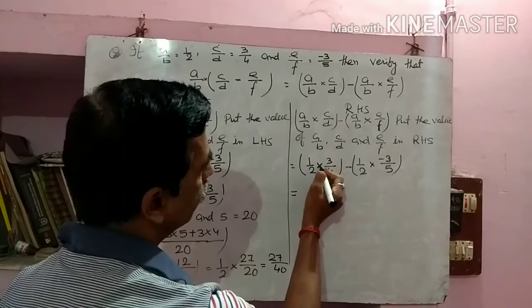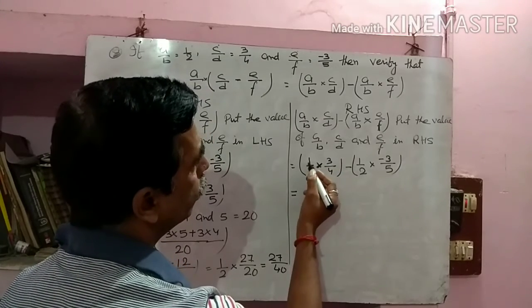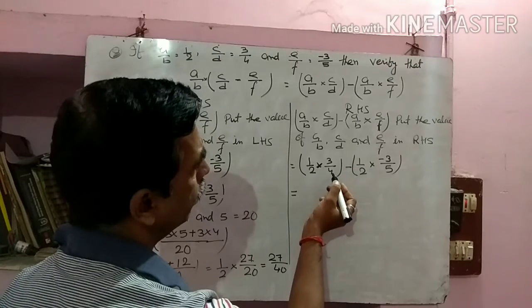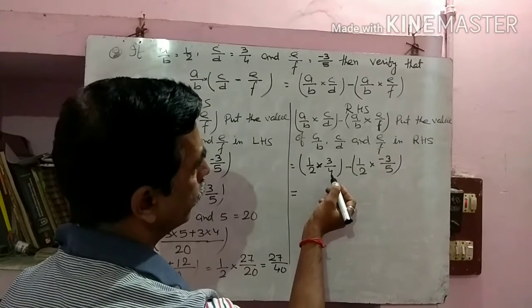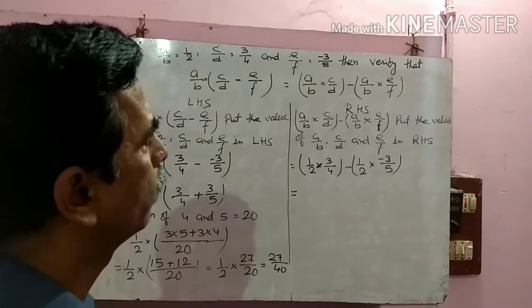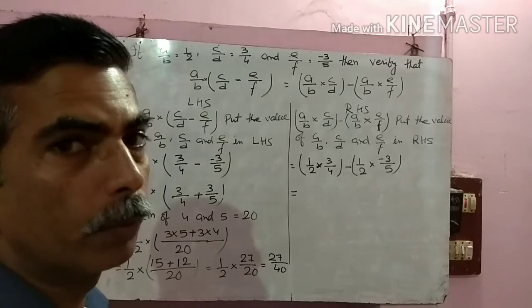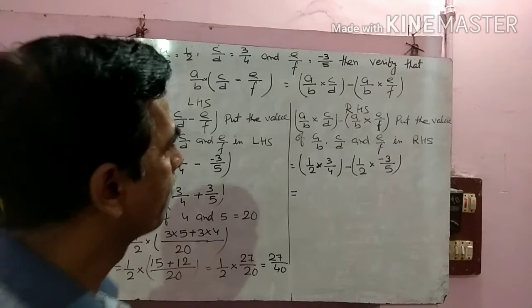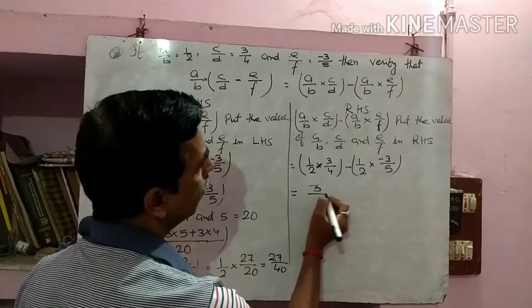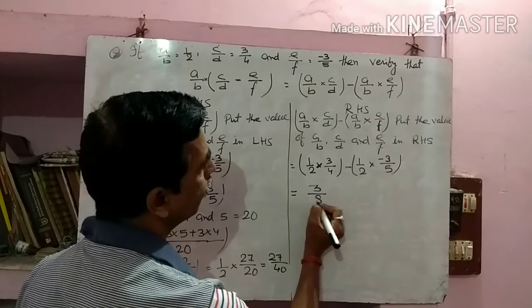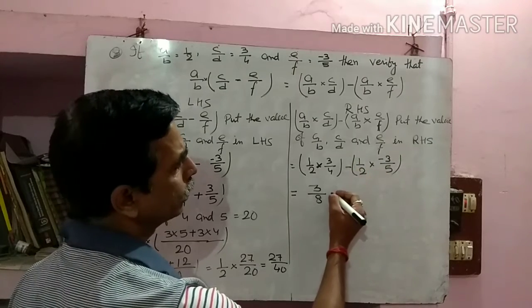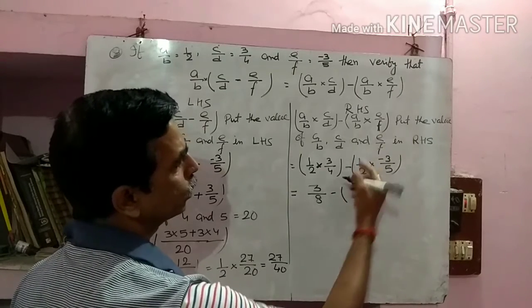Now start to solve. There is a sign of multiplication, so the numerator multiplies with the numerator and the denominator with the denominator, because there is no common factor which can divide both. 1 into 3 becomes 3 over 4 into 2 becomes 8.